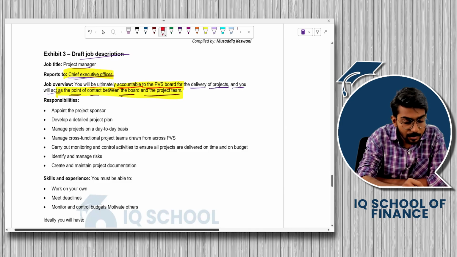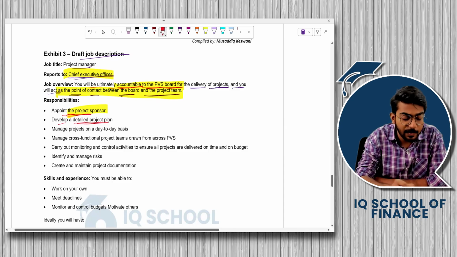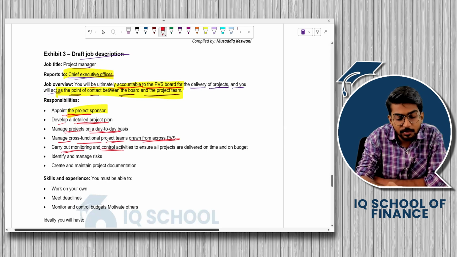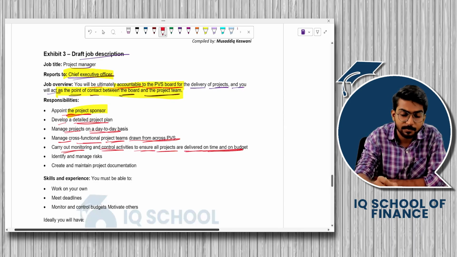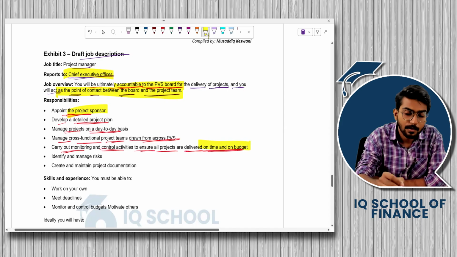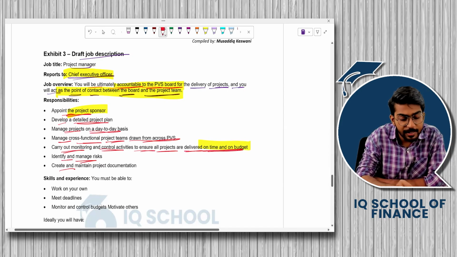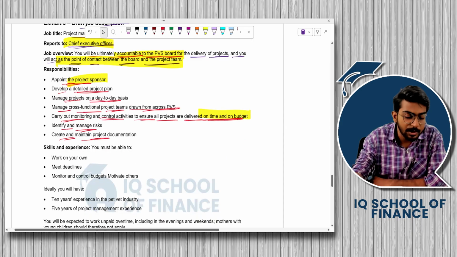Responsibilities: appoint the project sponsor, develop a detailed project plan, manage projects on a day-to-day basis, manage cross-function project teams drawn from across PVS, carry out monitoring and control activities to ensure all projects are delivered on time and on budget. Identify and manage risk, create and maintain project documentation.